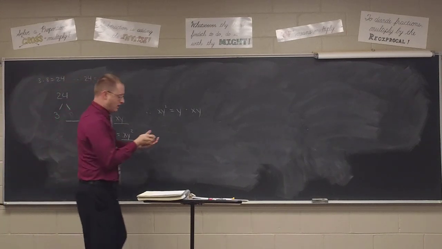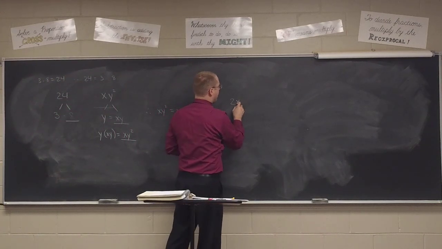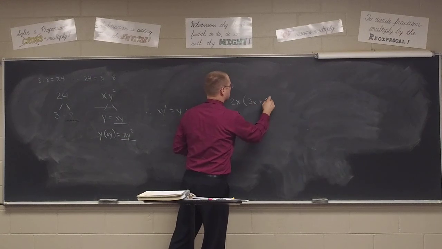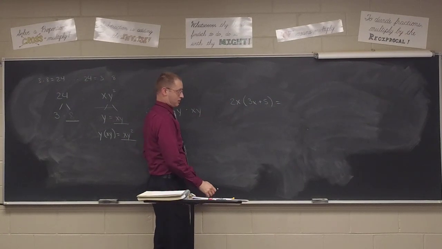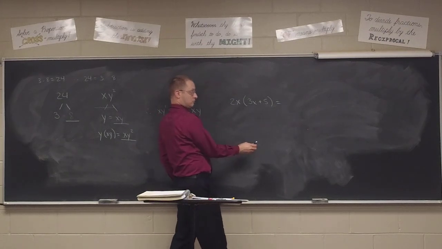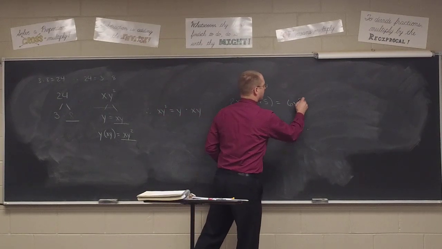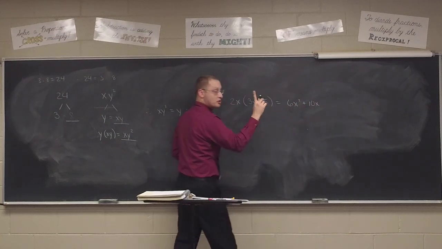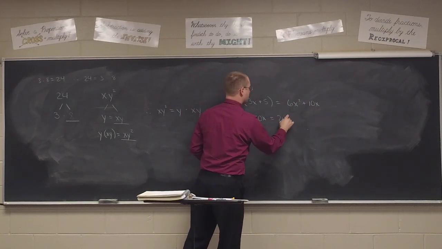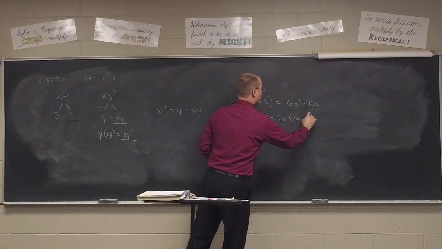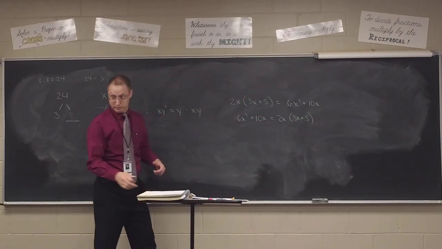Now I'm going to take it a step further. What is 2x times 3x plus 5, Joshua? 6x squared positive 10x. Good. And if that's true, then 6x squared positive 10x equals 2x times 3x plus 5.